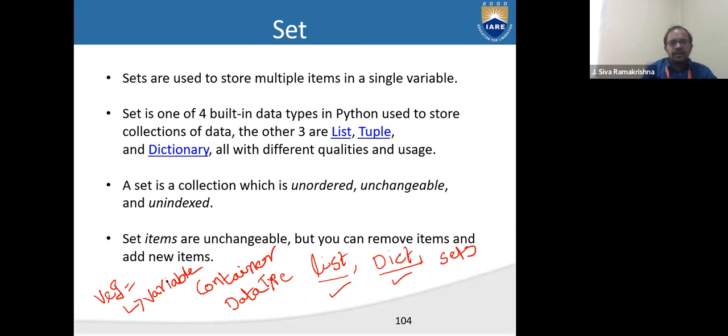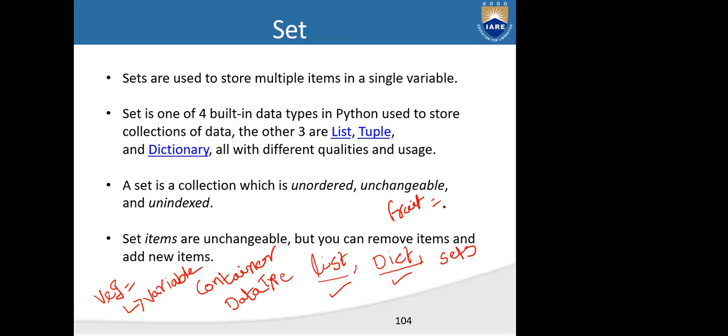Similarly, if you define another set called fruits, so let us define another variable, that is fruits. So what this variable consists of, this is primarily a set and it consists of possible fruits.